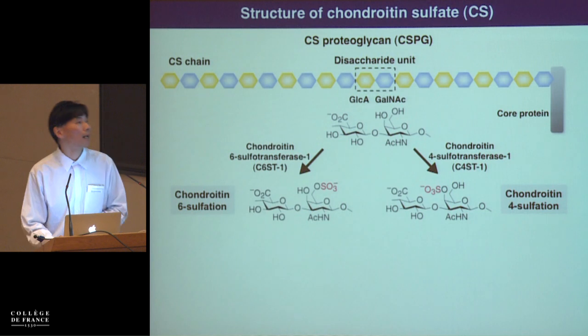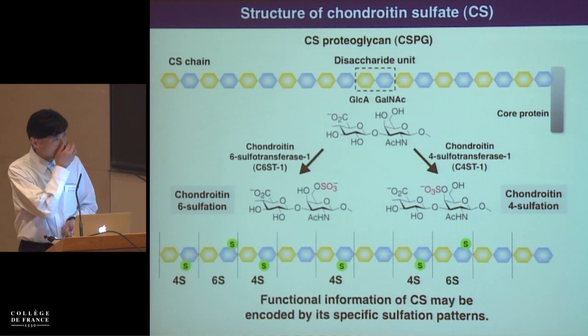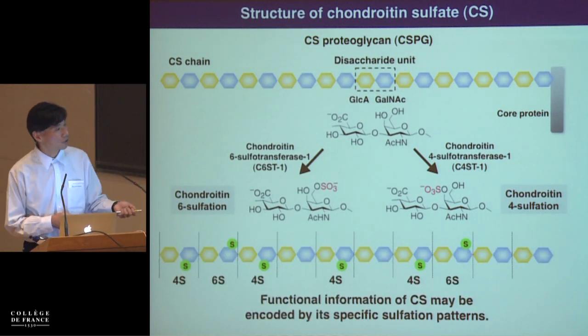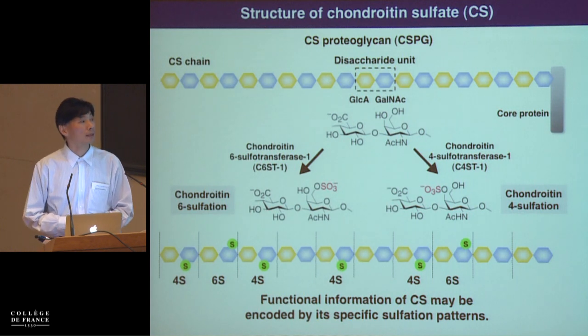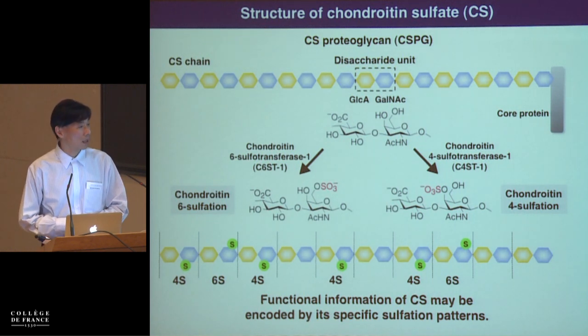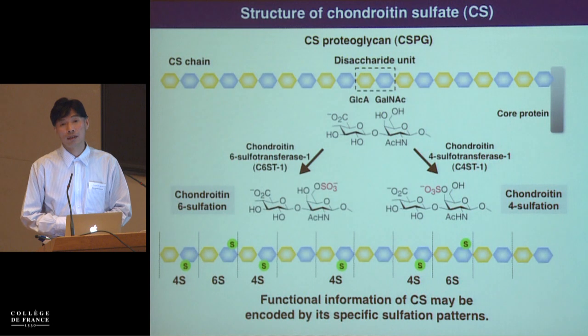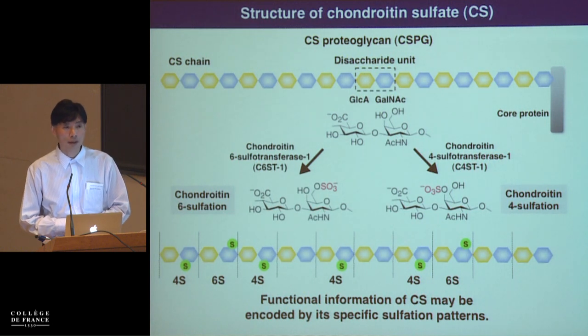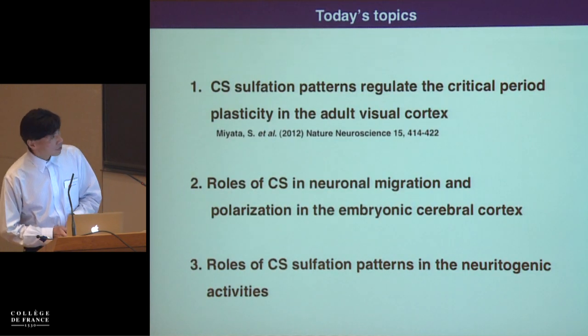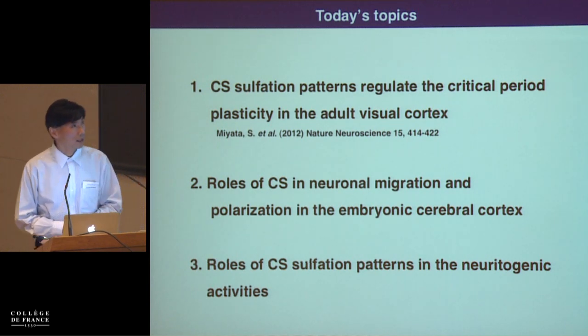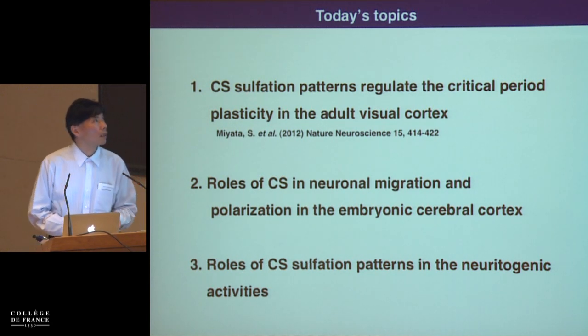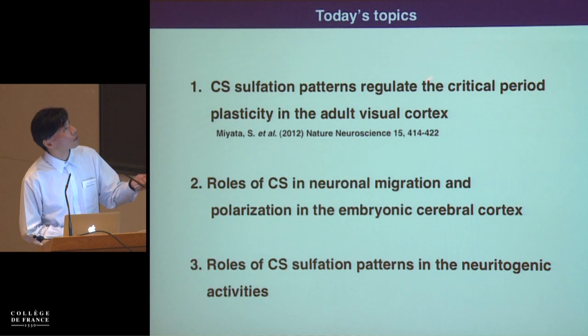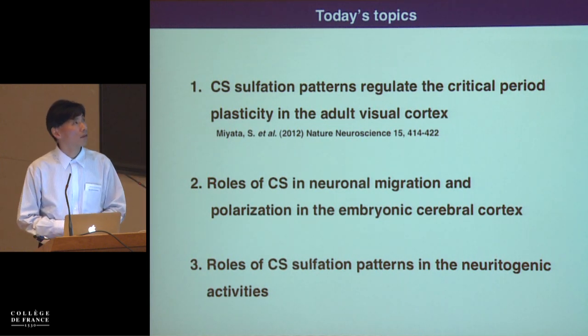Many recent studies have proposed that the functional information of chondroitin sulfate chains might be encoded by specific sulfation patterns, the so-called sulfation code. Today, I'd like to talk about three topics. The first is how chondroitin sulfate sulfation patterns regulate critical period plasticity in the adult visual cortex.